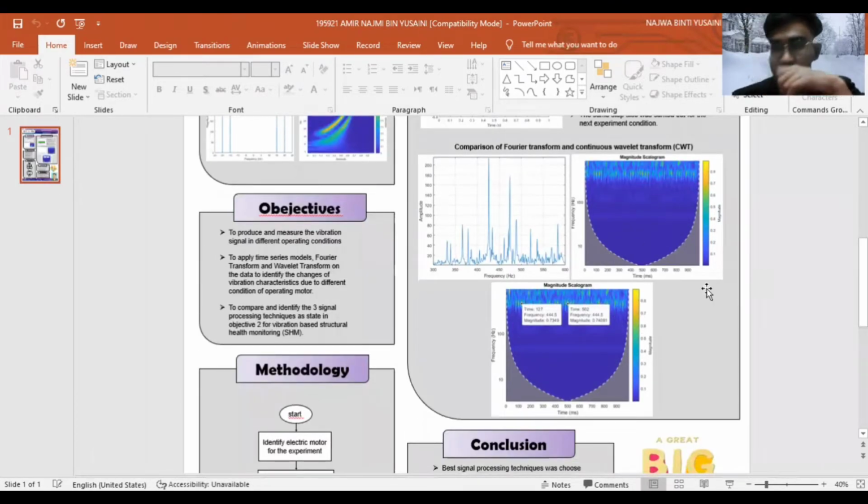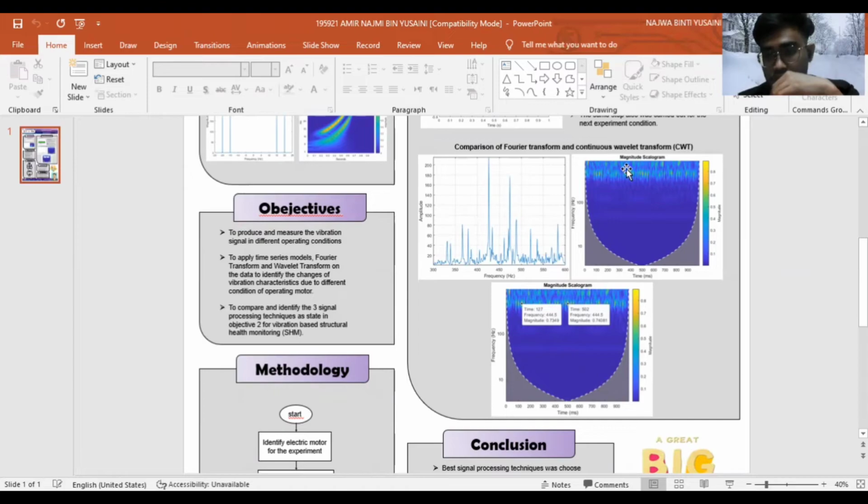For the wavelet, on the right side, I use the scaleogram method, where the yellow color indicates high magnitude. So the yellow color indicates high magnitude in the scaleogram, which means it has high acceleration of vibration.